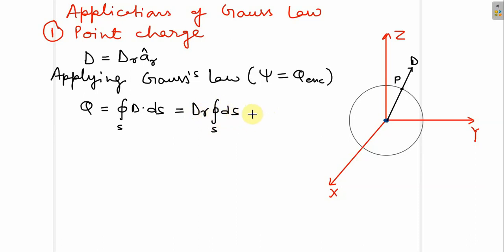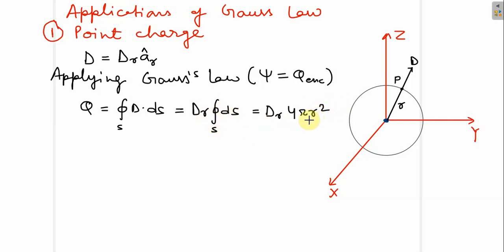Now what is the integration of this surface? Because this surface is a sphere, a spherical surface we have chosen. And what is the total surface area of this sphere? If you remember, this closed integral of dS means the total surface area of this sphere. The total surface area of the sphere is 4 pi r square, because this was the radius r. So Dr times 4 pi r square is the value of the integration.